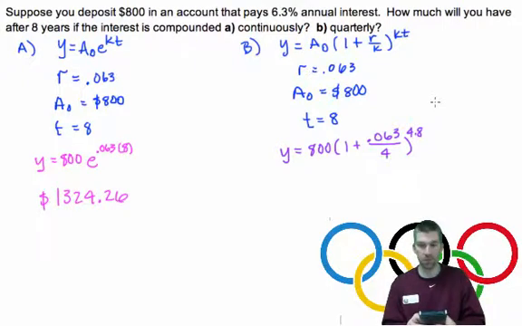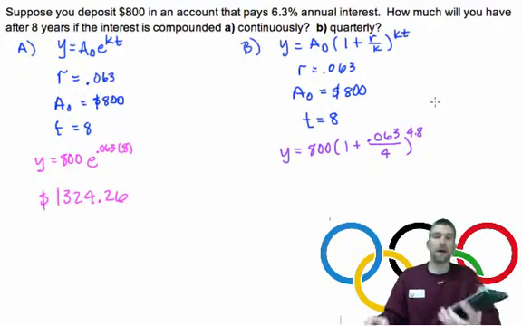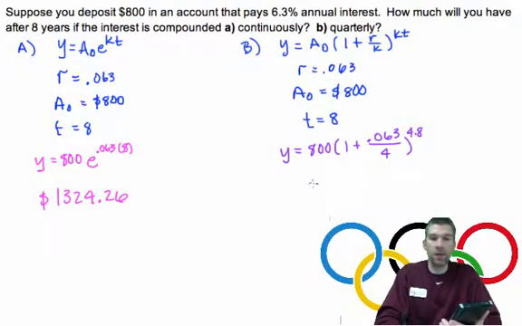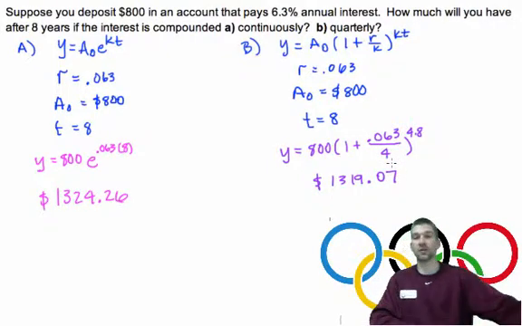It should be a little bit different. So 1 plus 0.063, and on this one we end up with $1,319.07.